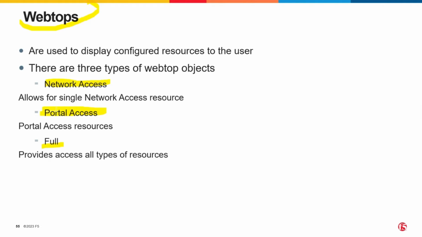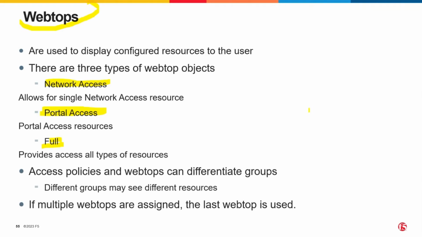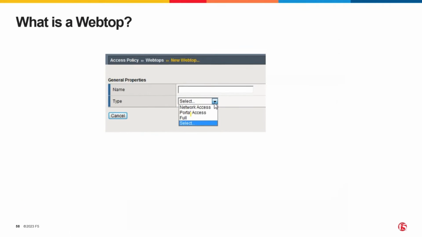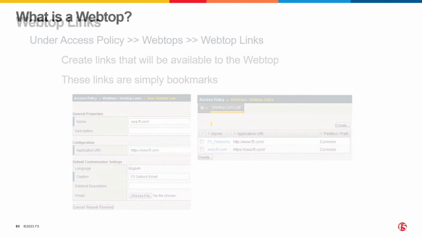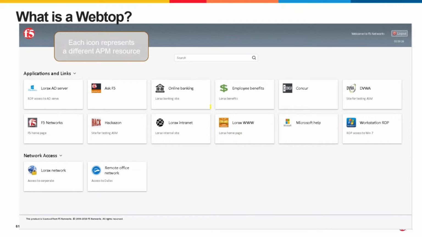So after the user logs into the APM, I will actually show the user the application itself. There's no portal, okay? And actually this can be a portal for the user with those applications that the user can select and connect to. So that's the webtop. For example, when I select this network, so this VPN, portal access, and full webtop, it can look more or less like this. After logging into the APM, the user will see all of those applications.